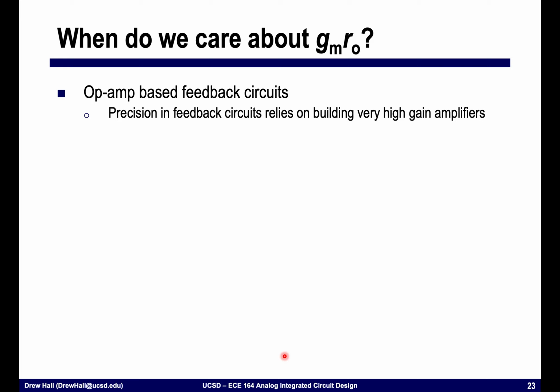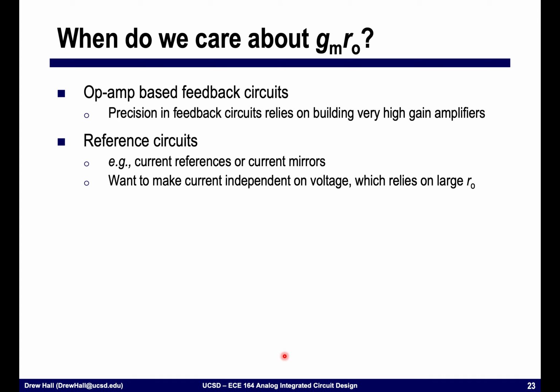And so it's a little interesting to think about, in some of these new technology nodes, how would you make 120 dB or even 60 dB for that matter, 1,000, with transistors that had a gain of 10? And so it requires quite a bit of effort to get high gain amplifiers for precision circuits in very new technology nodes. You often use them in reference circuits, and so we'll see some examples of this.